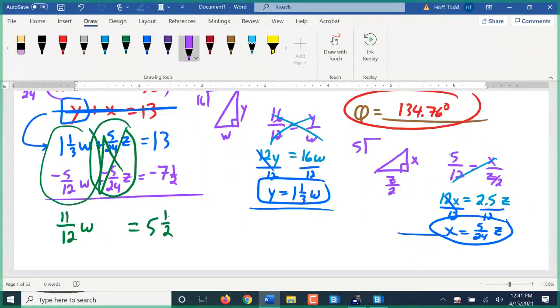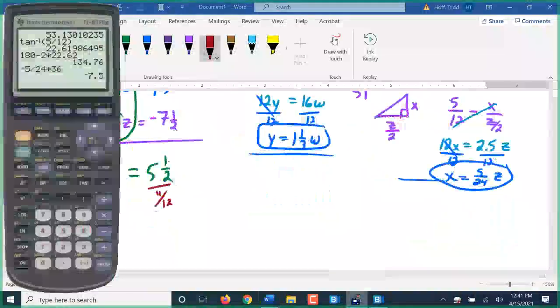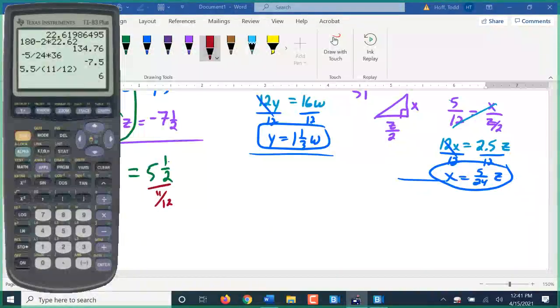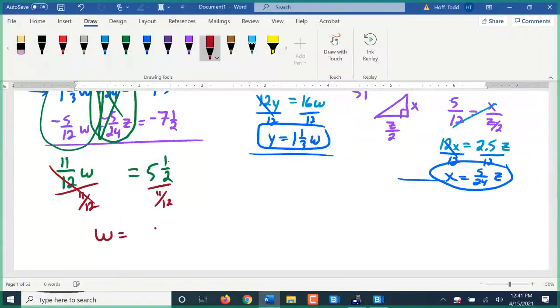So now I'm going to divide by 11/12 here. 5.5 divided by 11/12 gives me 6. So W is 6 feet.